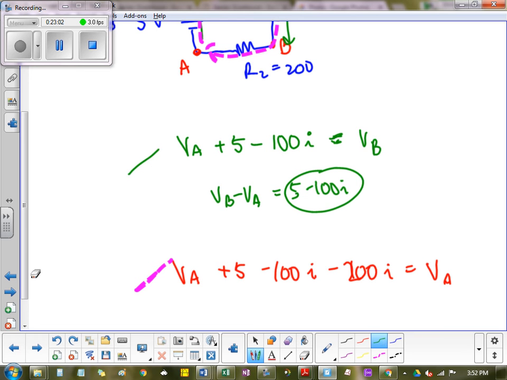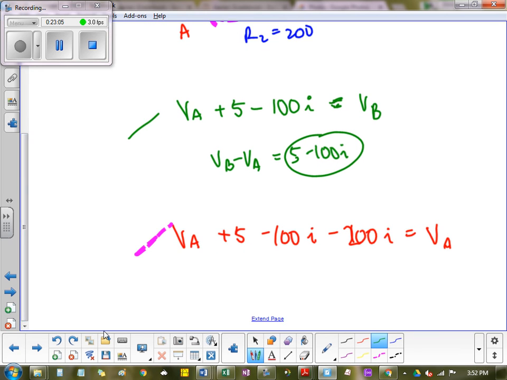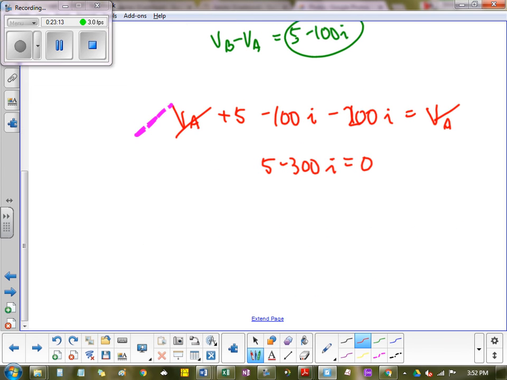All right, see from this, if you cancel the VA's, you actually learn 5 minus 300I equals 0. You learn that I is 5 over 300 amps. In other words, 1 over 60 amps. See? And then you could go back to your green equation up here and find a meaningful change in potential between VB and VA.